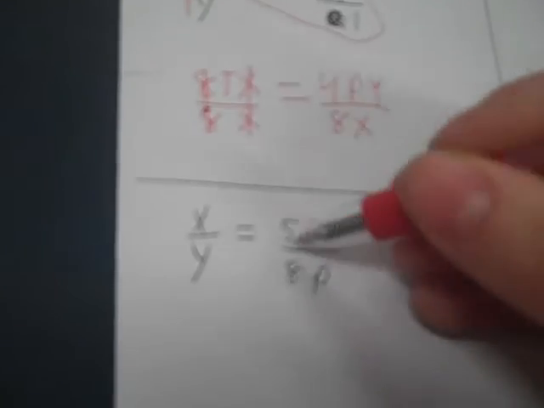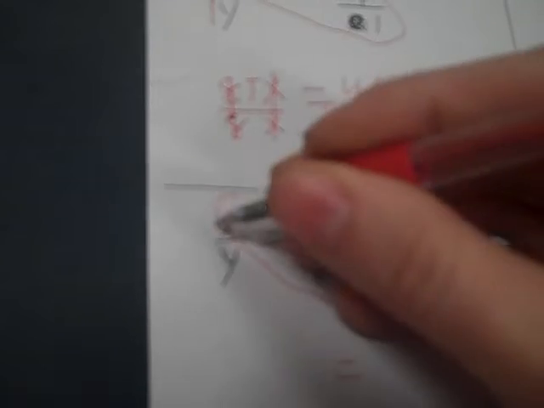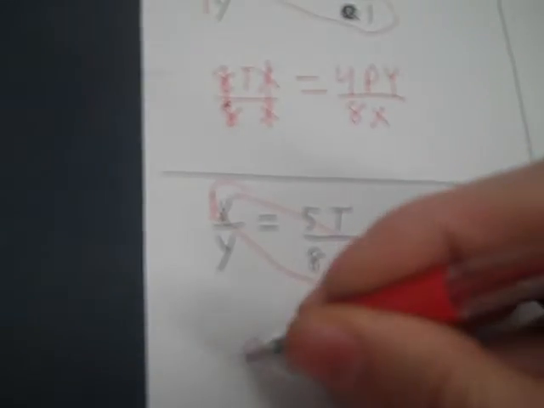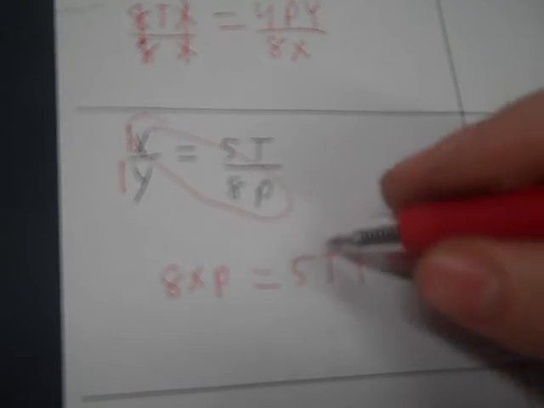All right, next idea. It doesn't matter which cross product you find first. So I take 1 times 8, which is 8, then I put xp or px, doesn't matter. Then 1 times 5 is 5, and then ty, or yt. So focus on the side with the t. This is all multiplication, okay?